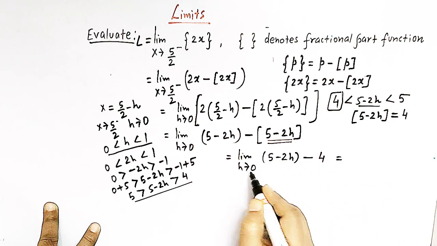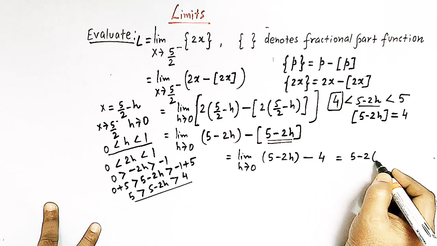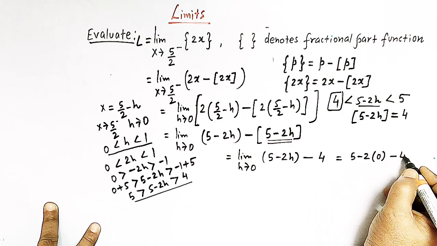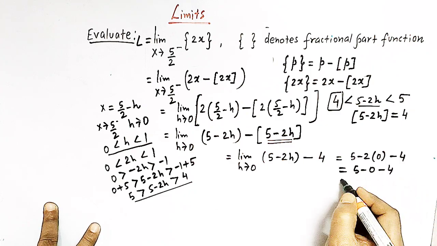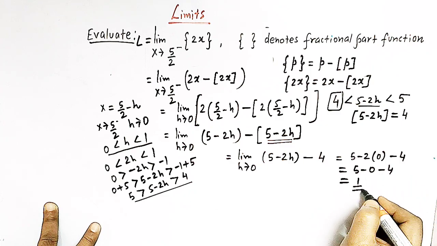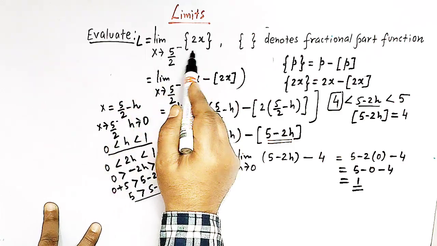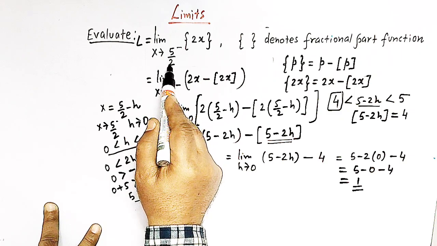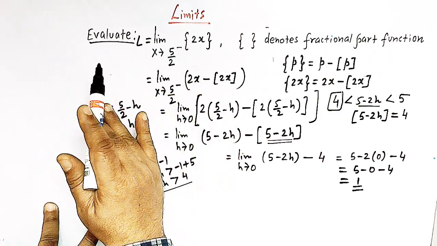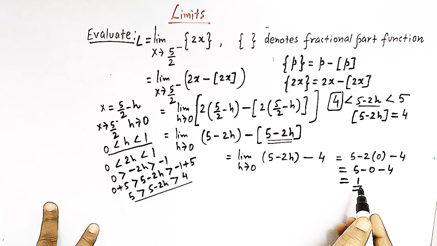Now we can take h equal to 0: 5 minus 2 times 0 minus 4, which is 5 minus 0 minus 4, simply equal to 1. So the left hand limit of the fractional part of 2x as x tends to 5 by 2 from the left is equal to 1.